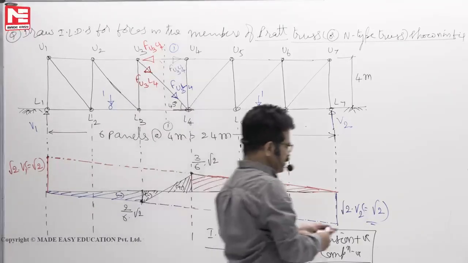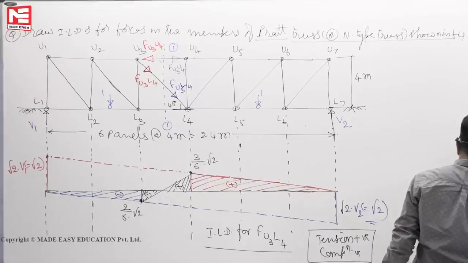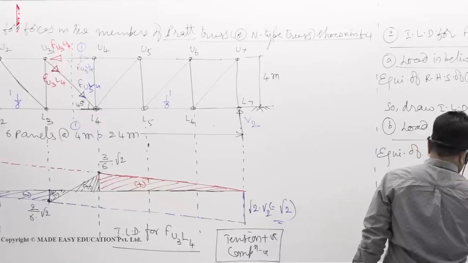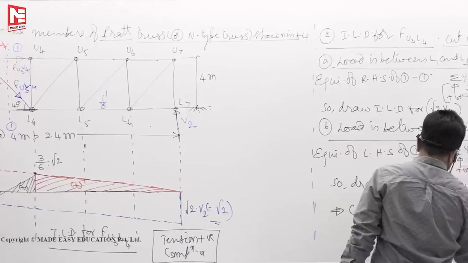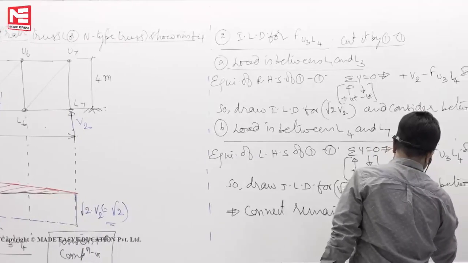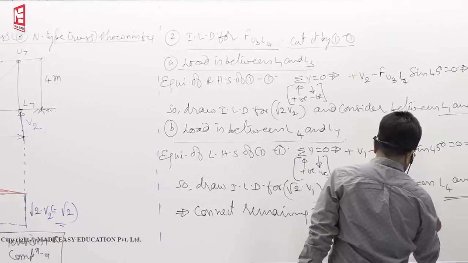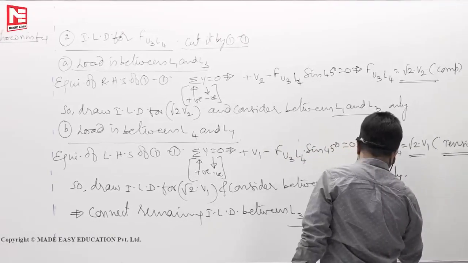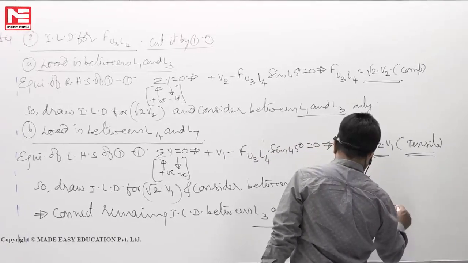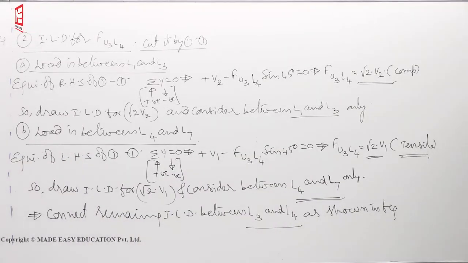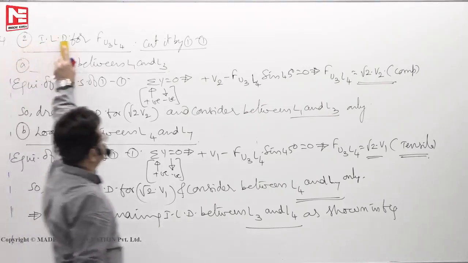Now in this case, connect the remaining ILD between L3 and L4 as shown in the figure. Okay, now you have understood the process. We'll write that note.